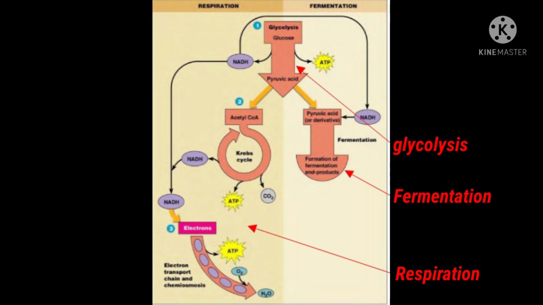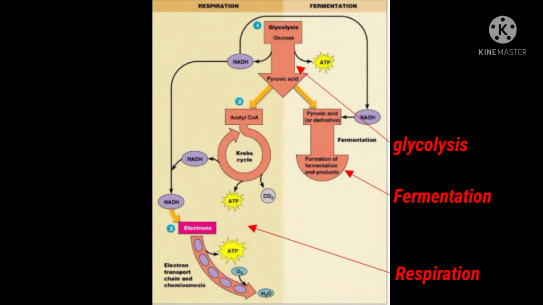After glycolysis, energy in pyruvate and NADH is used to produce much more ATP by respiration. This includes the Krebs cycle, which breaks down pyruvate to 3 CO2, with energy captured as electrons by NADH and FADH2.